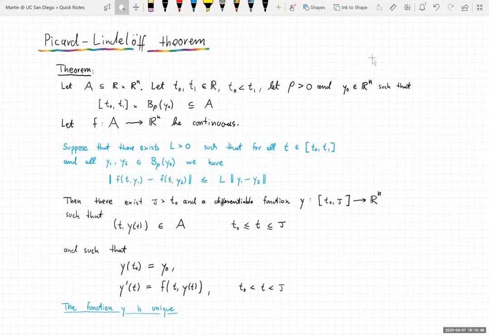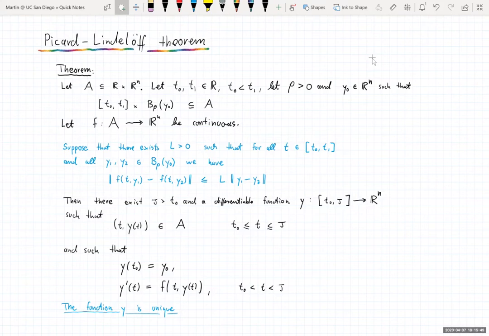With that additional condition, there exists a number tau larger than t0, and a differentiable function y over the interval from t0 to tau, mapping into R to the n, such that on the one hand, for all t between t0 and tau, we have that the tuple t and y of t is contained in the set A, and such that y of t0 is equal to y0, and y prime of t is equal to f of t and y of t, where t ranges between t0 and tau.